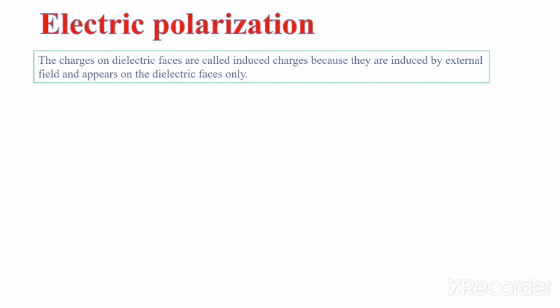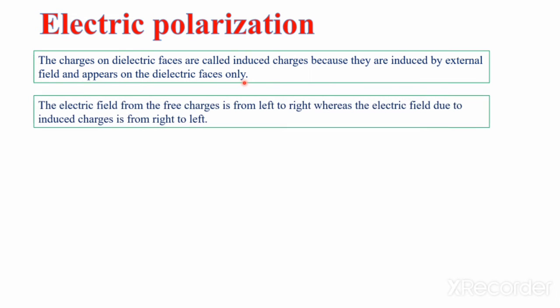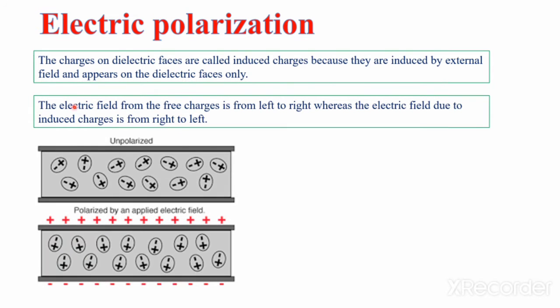The charges on dielectric faces are called induced charges because they are induced by the external field and appear on the dielectric faces only. As shown in this figure, before placing the dielectric material between the plates of a charged capacitor, it is unpolarized.